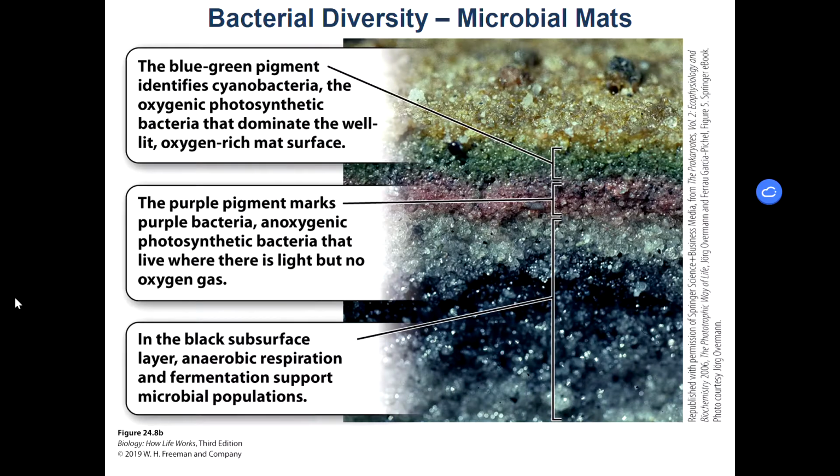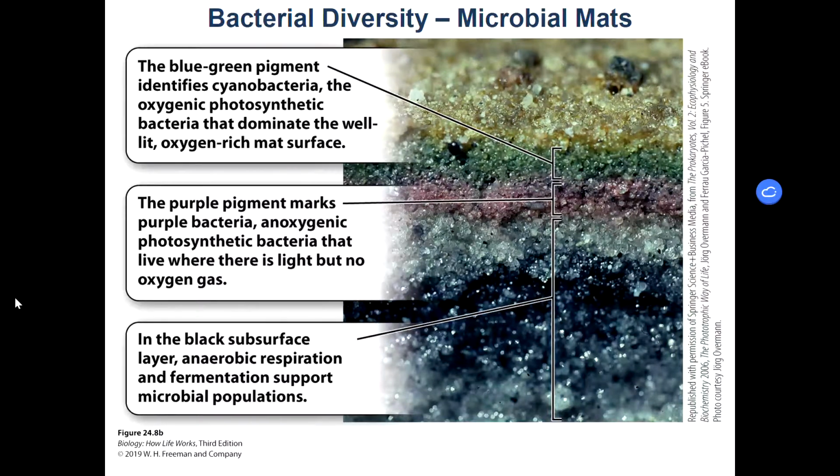So a really cool place where we can look at bacterial diversity are in microbial mats. And you can see that there's different colored areas in these mats. And the different colors are actually made by different types of bacteria that get their energy and carbon sources in different ways.